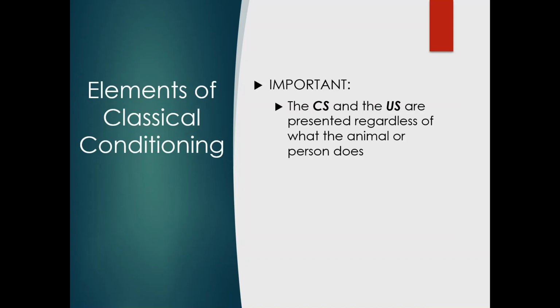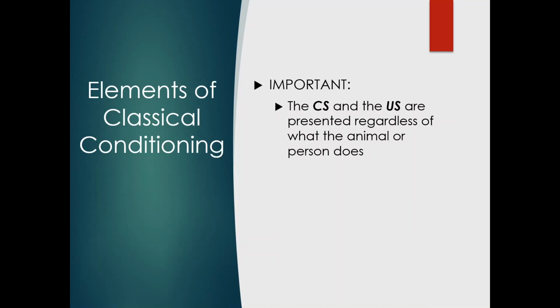A couple of important notes. The conditioned stimulus and the unconditioned stimulus are, during the conditioning process, presented regardless of what an animal or person, whoever it is that is becoming conditioned, does. This is very important and is in fact a key difference between classical and operant conditioning. The behavior of the animal doesn't matter. They can be spinning around in circles, barking, sitting up and sitting down and rolling over.